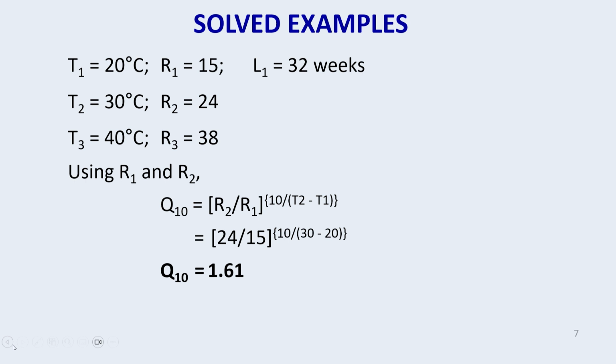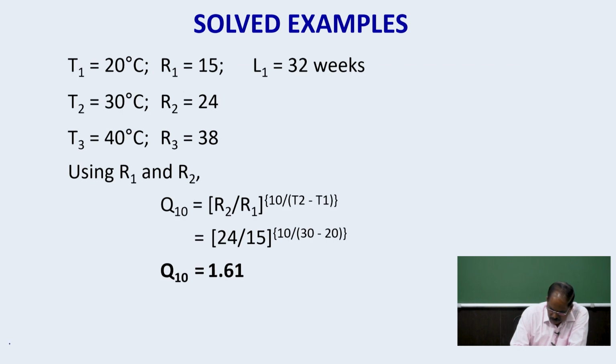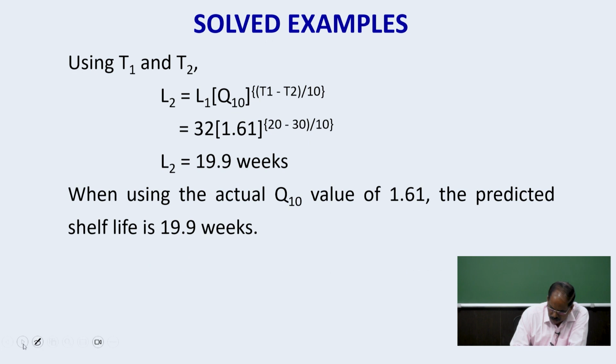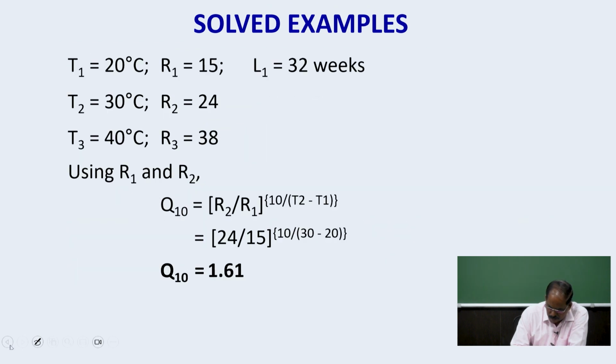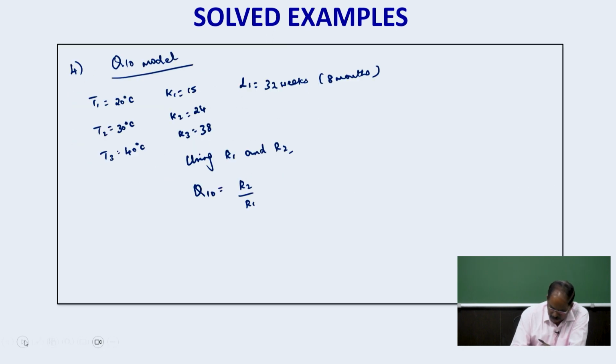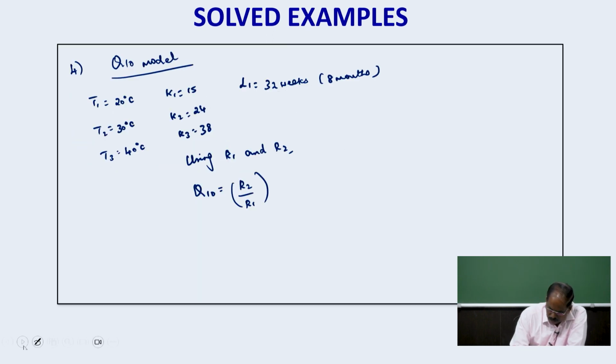So Q10 is equal to R2 by R1, the whole power, and in the power we have 10 divided by T2 minus T1. So this is in the power, exponential.